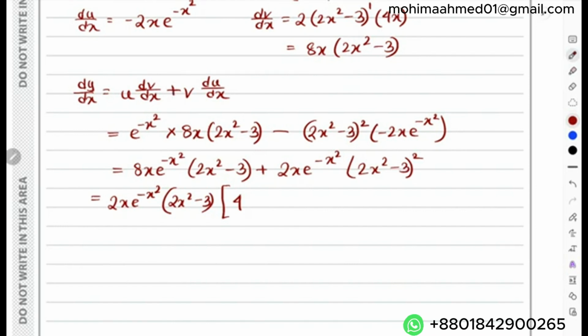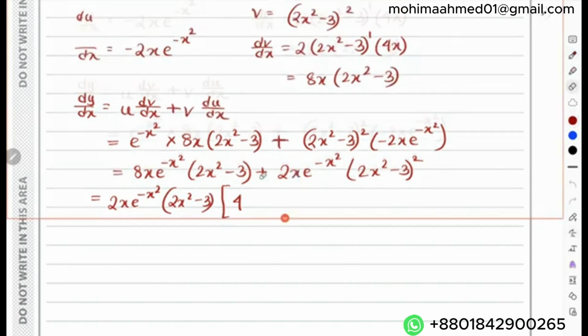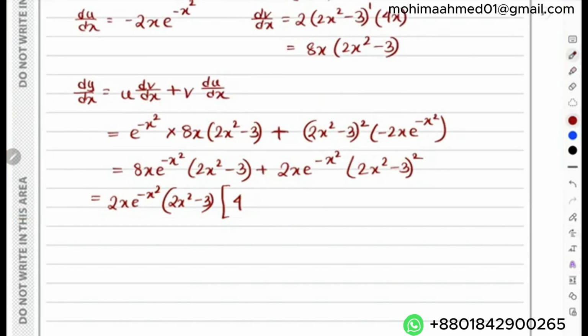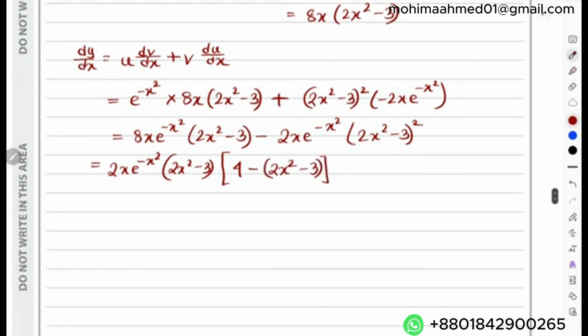I think we have a plus over here in the equation, right? So it's going to be a minus in this part. So you have minus 2x square minus 3. Right, now just simplify it. You get 2x e power minus x square, 2x square minus 3.